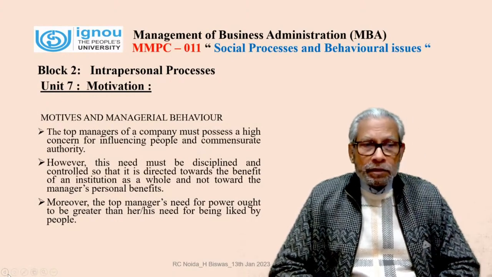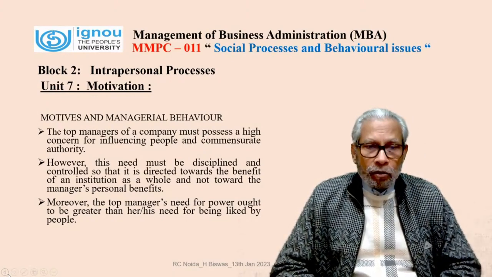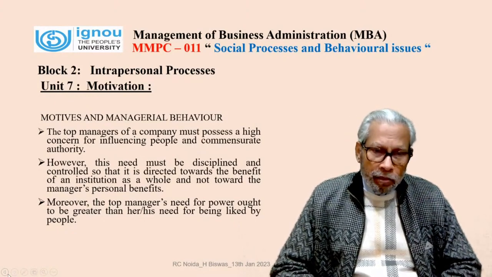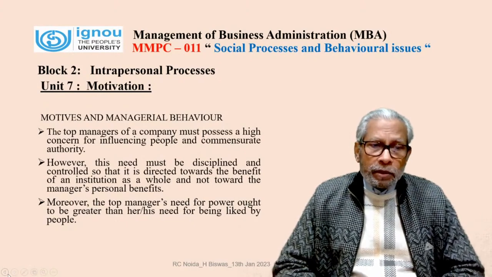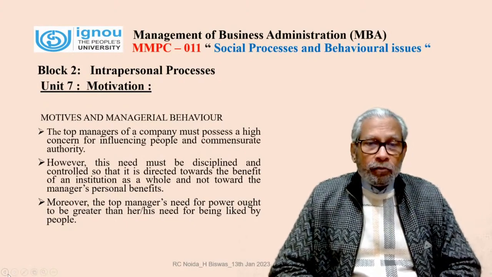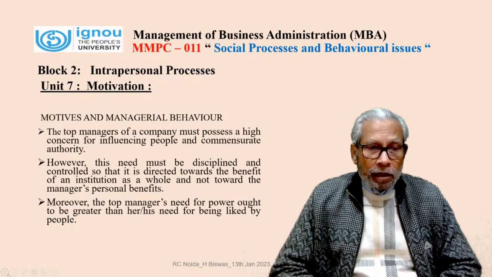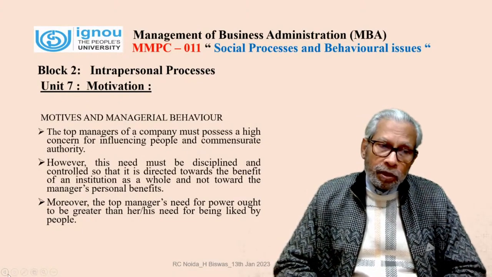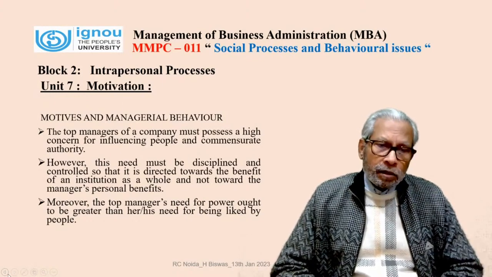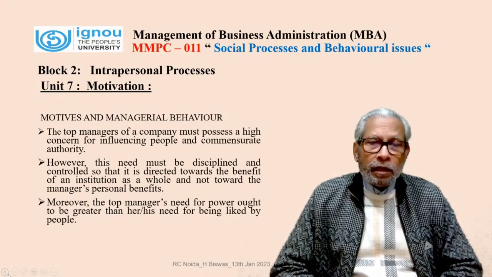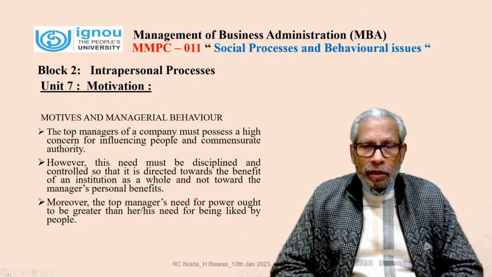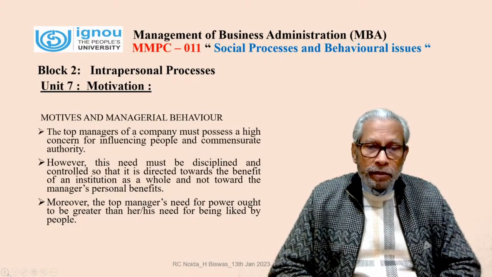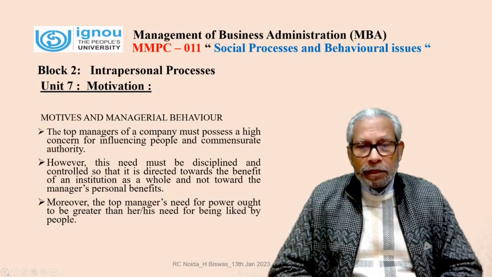Moreover, the top manager's need for power ought to be greater than his or her need for being liked by people. So top managers' interventions are also needed, and with their power they can do it better and fulfill their need also.